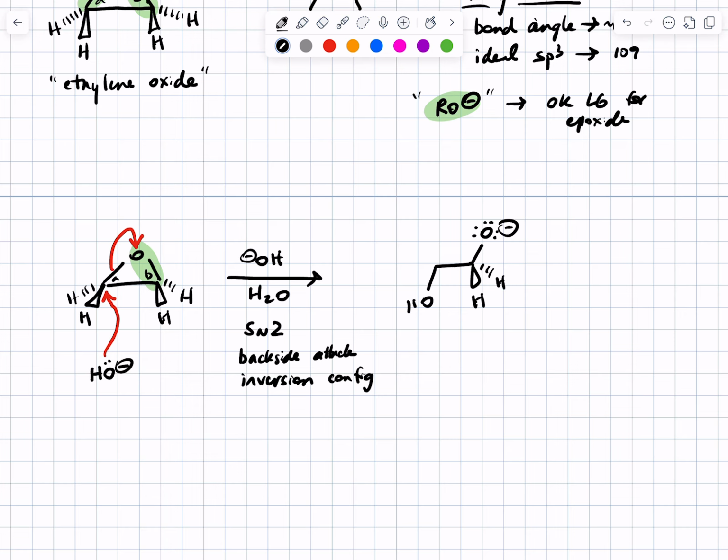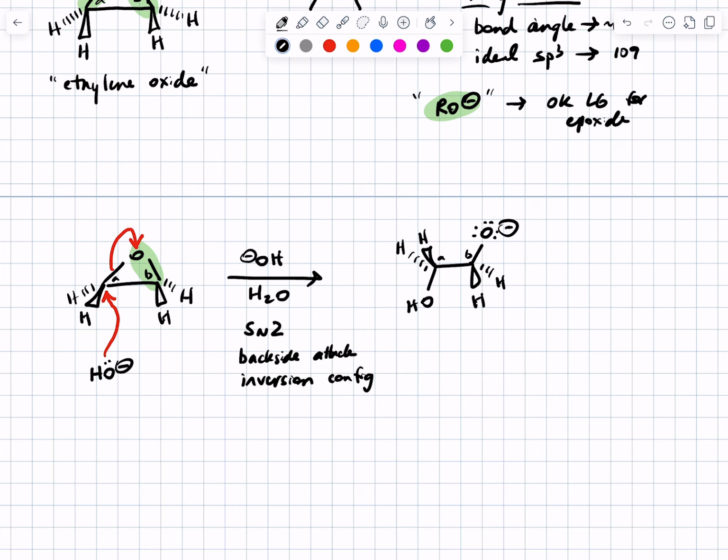So your intermediate looks like this. I'm showing inversion of configuration, even though this isn't a stereocenter at carbon A, by having the OH be on the opposite side of the molecule from where the leaving group was, and by having these hydrogens, which were angled towards the bottom of the page, now angled towards the top of the page.